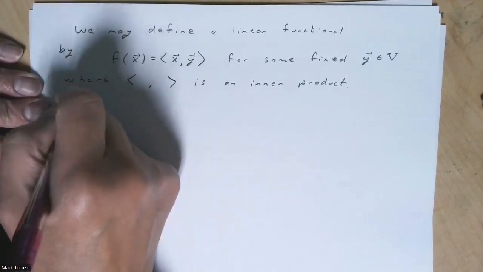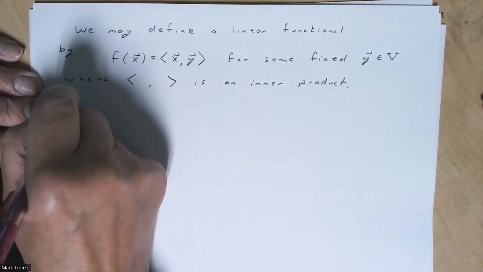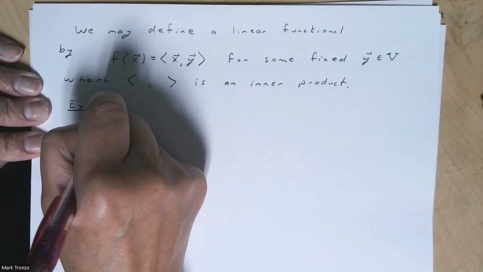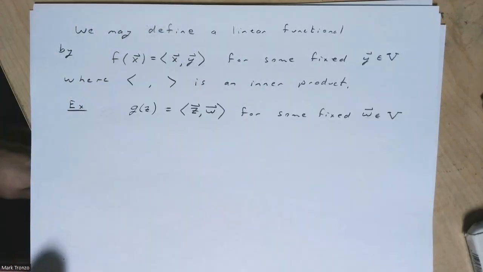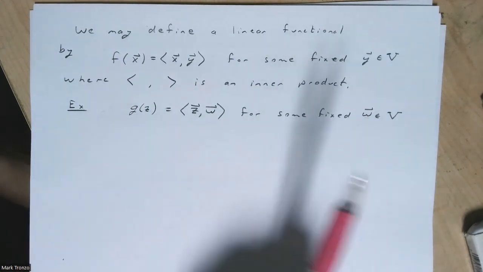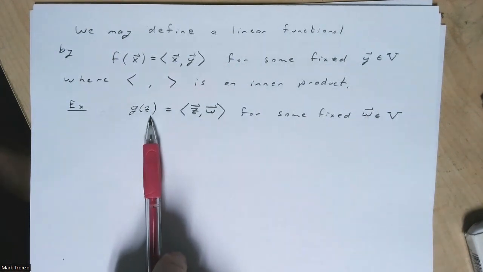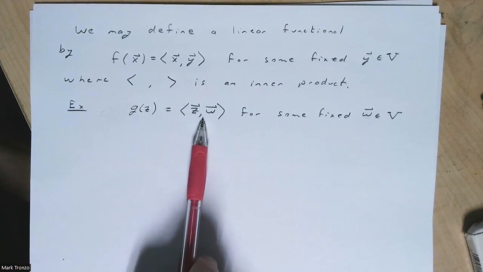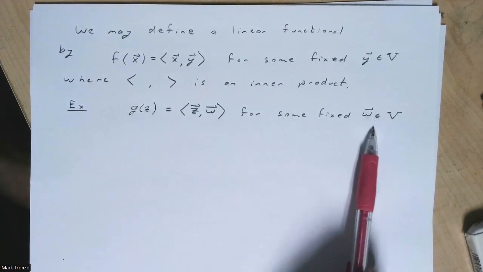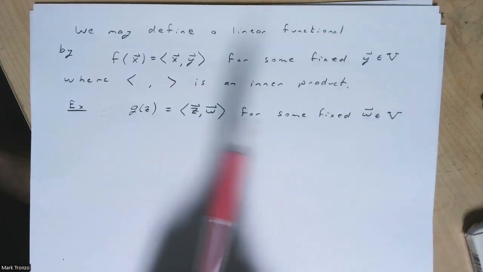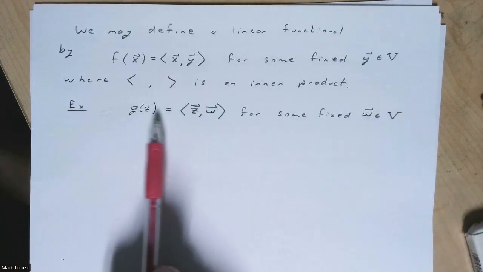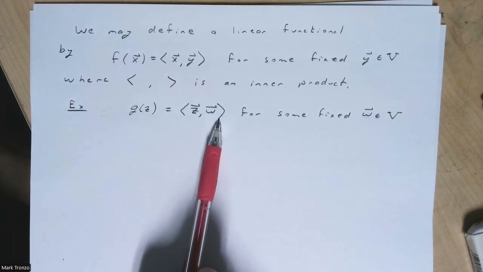And again, there are lots of ways to write this linear functional. You could have used g of z. You could also define the linear functional this way: g of z is equal to the inner product of z and w, for some fixed vector w in V. Again, the idea is you're putting in a z and getting out a scalar.